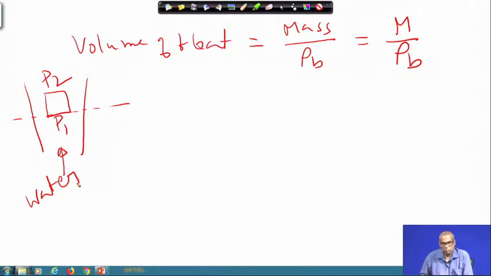Now, what we will do is write down the force balance equation. Upward forces equal to downward forces.